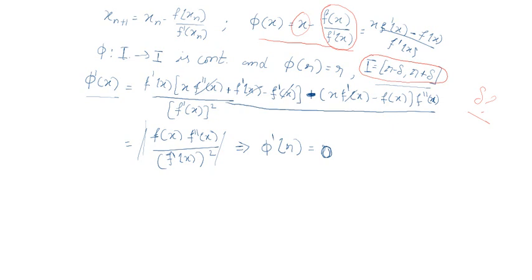With this we have calculated phi dash of x, and we observe that phi dash of R is 0.